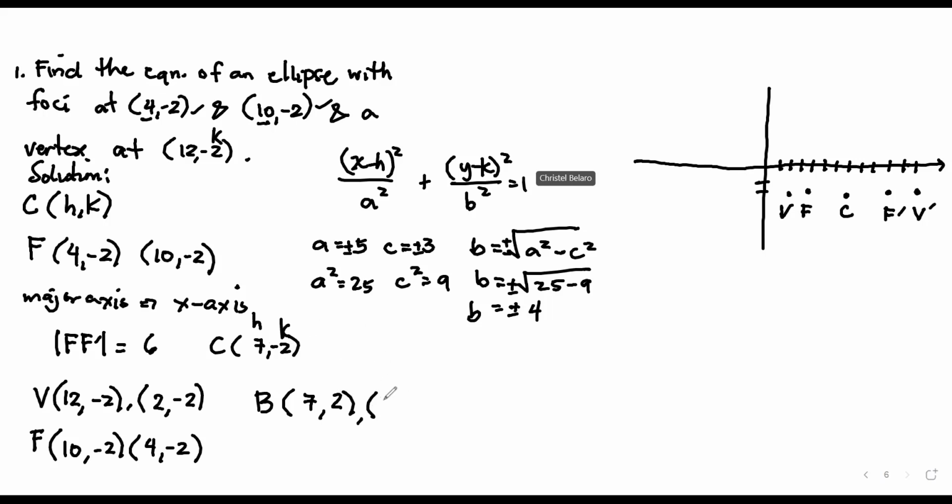The other one, negative 2 minus 4, it's negative 6. So 7, 2 and 7, negative 6.